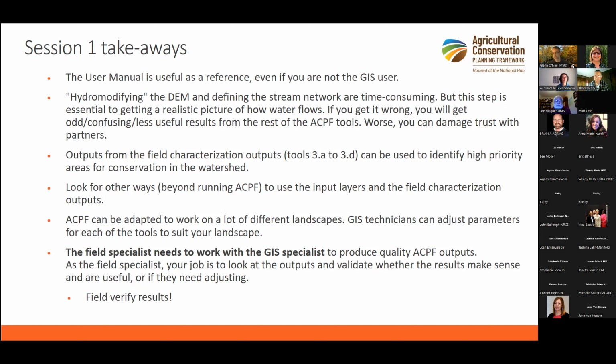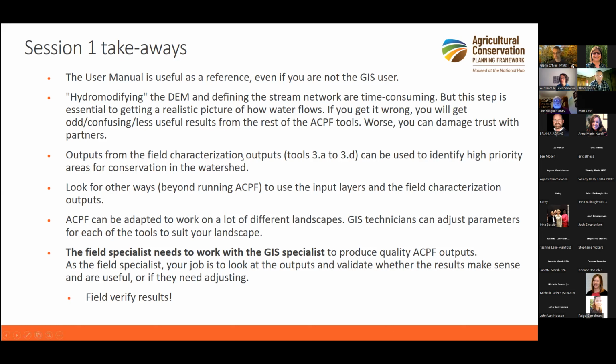These are all time-consuming parts of using the ACPF, but they're really critical to getting a realistic picture of how water flows. It's also pretty critical for getting good results from the other tools. And you'll probably pick this up during our discussions today: you can damage trust with your partners if you start doing something that just doesn't make sense, if the hydrology or something just doesn't look right. So it's important to get those steps right.